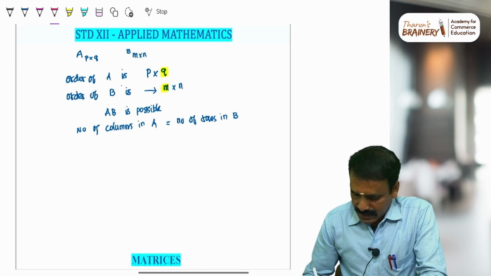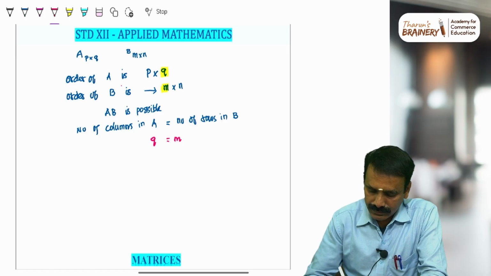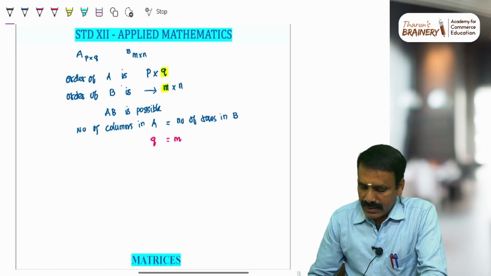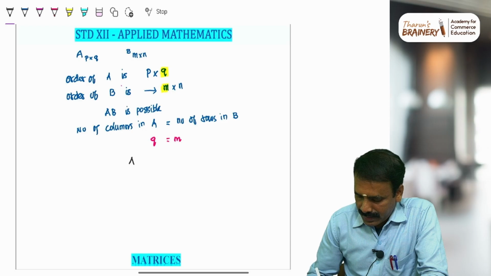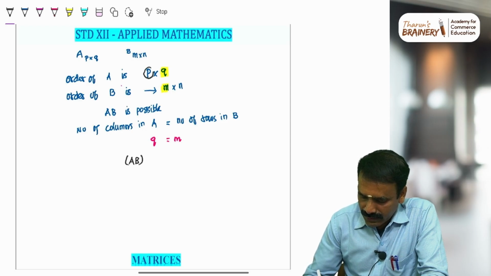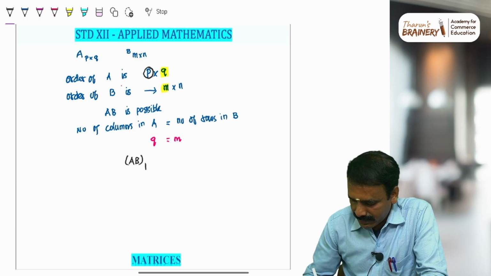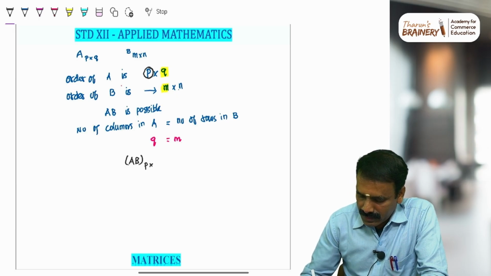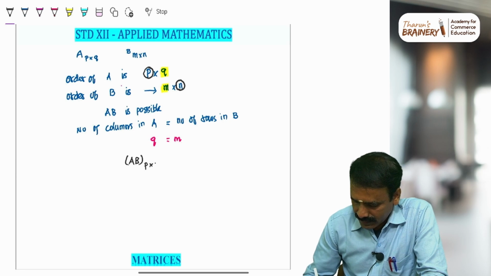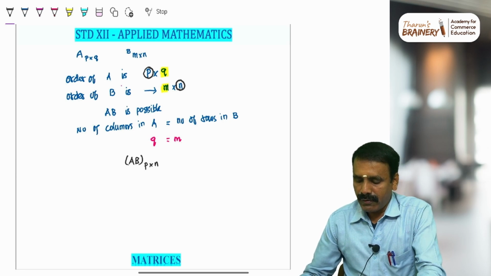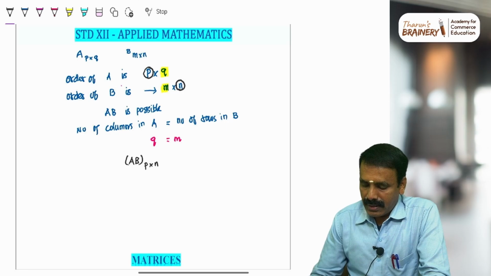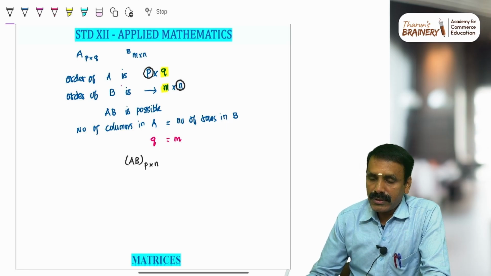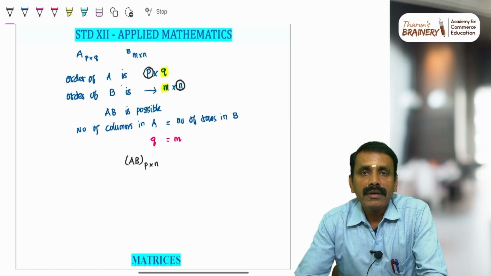That is, Q should be equal to M. In that case, the product AB will be of order, what is left over here? Number of rows in the first matrix is P, and number of columns in the second matrix is N. So, the resultant matrix is going to be of order P by N.